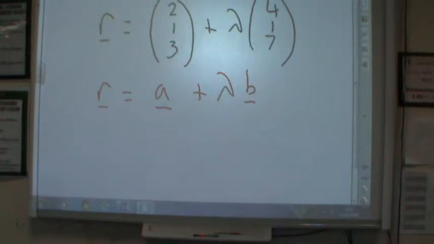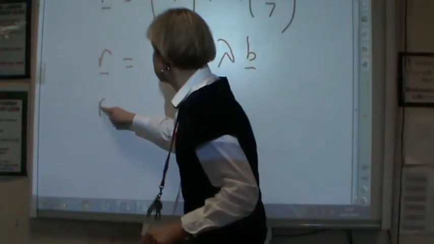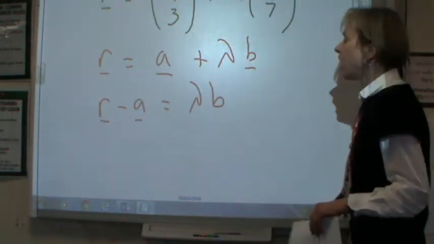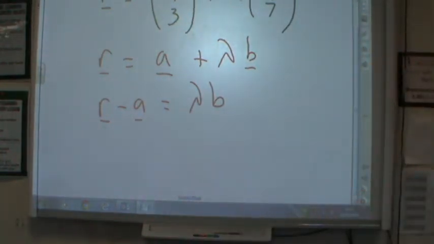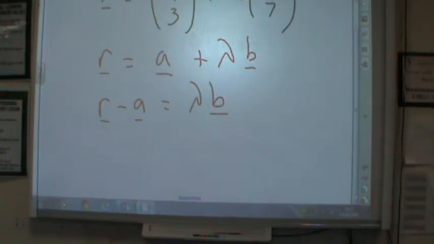All I'm going to do is rearrange this as though it's algebraic. I'm going to subtract vector A off both sides. What that's saying is that the vector R take away A is equal to a multiple of vector B. And if a vector is a multiple of another vector, it means that vector is parallel to that vector.